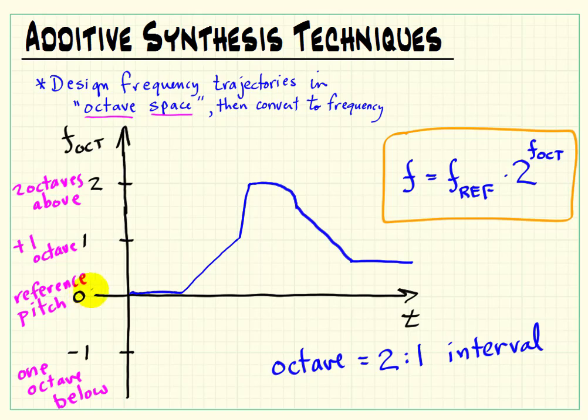That's how you convert the octave trajectory into frequency in hertz. Notice that if you apply some test values like, say, 2 octaves above, that would be 2 squared. That'd be 4 times, so that would be 2 of our octave intervals. It's a very simple equation, and again, my recommendation would be to do the design first in octave space and then switch that back to frequency.